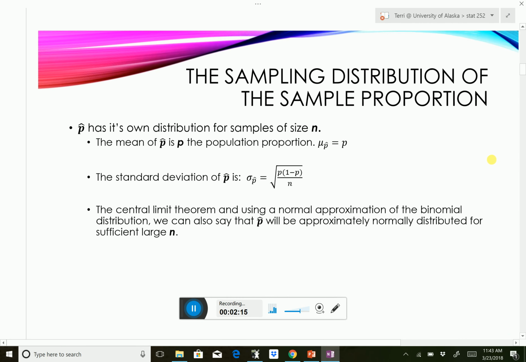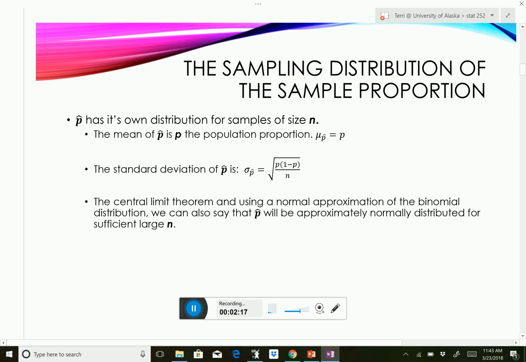So, of course, every sample statistic, including P hat, has its own sampling distribution. Now, instead of talking about sample means, we're talking about sample proportions having their very own distribution. And the mean of our P hat is our true P, our population proportion.